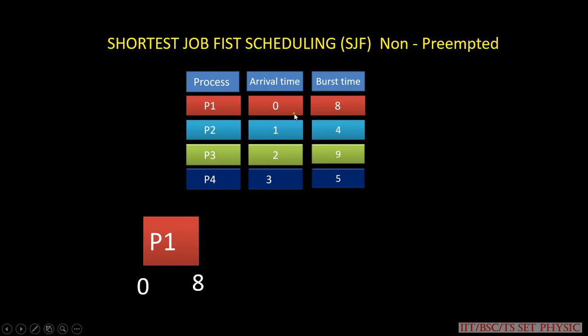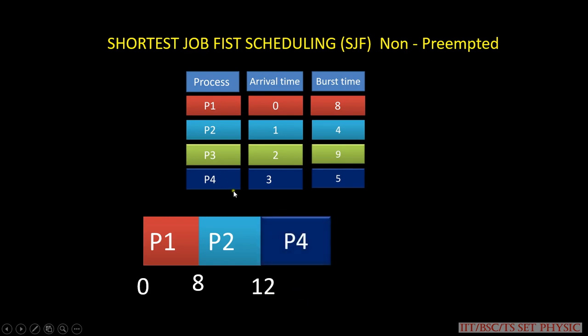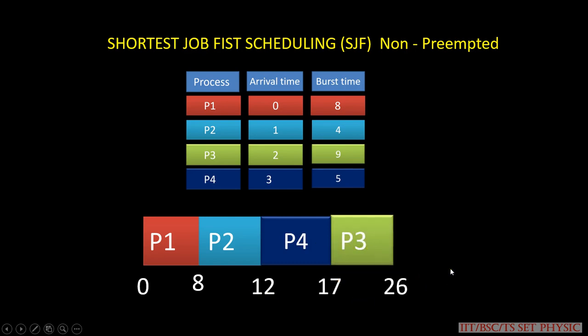So the value is 0 to 8. Next P2 started and completed at 12, then P4 started because those are the shortest values and completed at 17, and next P3 started and completed at 26.